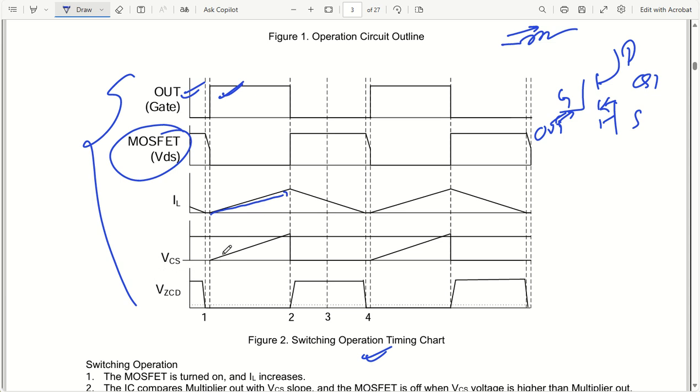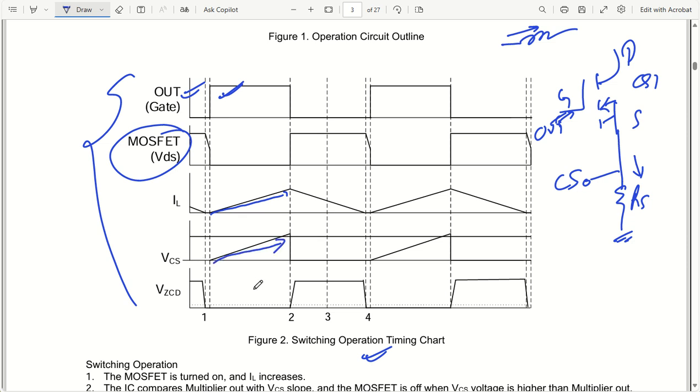Voltage across CS, that is voltage across my current sense resistor, this is my, let us say, R sense, and this is going to get connected to my CS pin. As you can see, the voltage at this point will also start increasing because there is current flowing through this resistor, the current flowing from drain to source. So voltage across the CS pin will start increasing slowly.